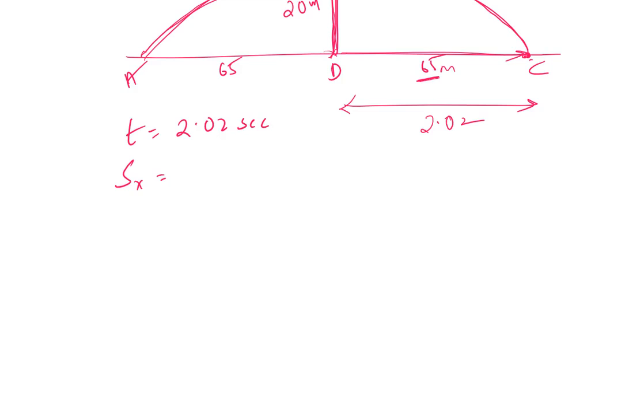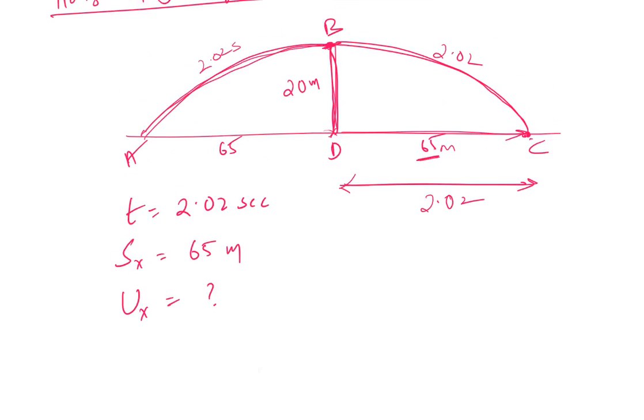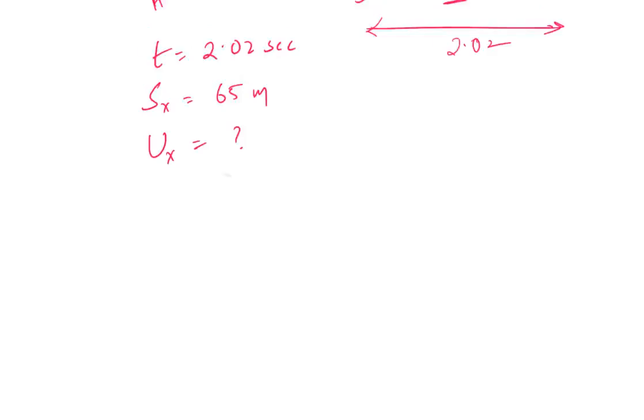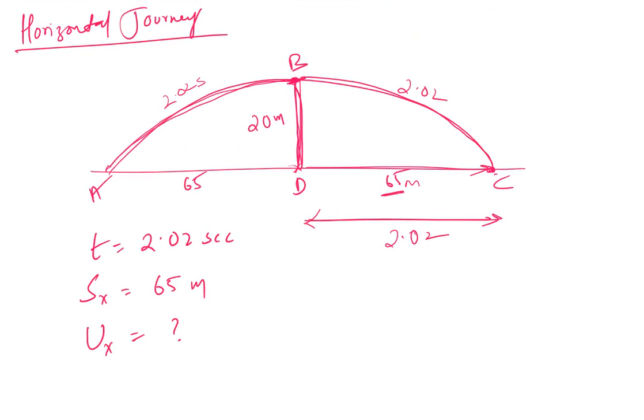Sx, the horizontal distance, is 65 meters, and ux we don't know. We don't know the velocity. In this case, like I said, the horizontal component of this velocity is the same throughout, has not changed one bit.